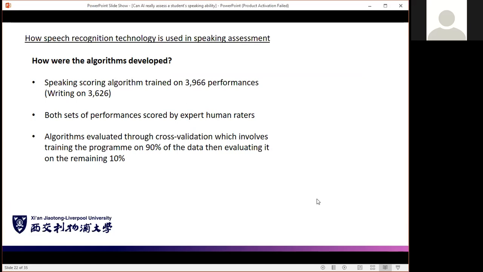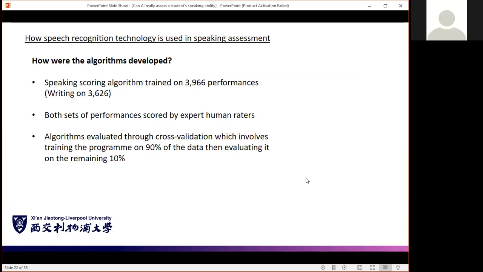And then the algorithms, they do something which I don't quite understand. It's called cross-validation, and it trains itself to pull out the things which make the high scoring performances distinct, and it cross-validates, it checks its predictions across the different performances.